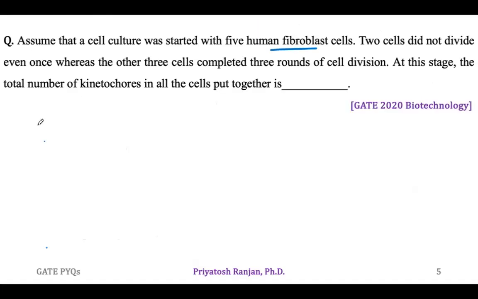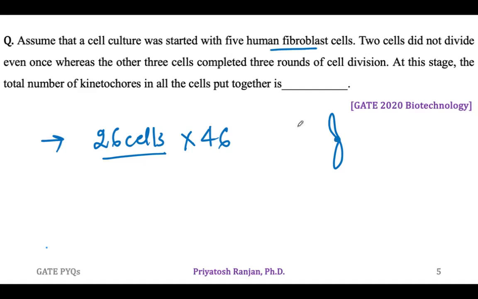So let's solve this question. We have calculated the total number of cells, 26 cells, and a single cell is going to carry 46 chromosomes, and hence 46 kinetochores, because there are going to be 46 chromatids. Why am I considering the 46 chromatids?